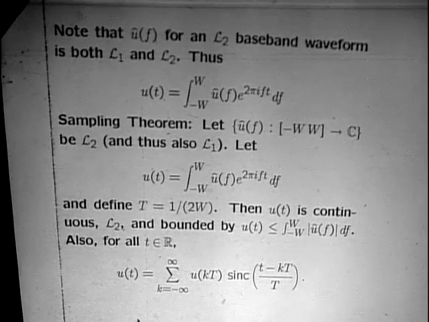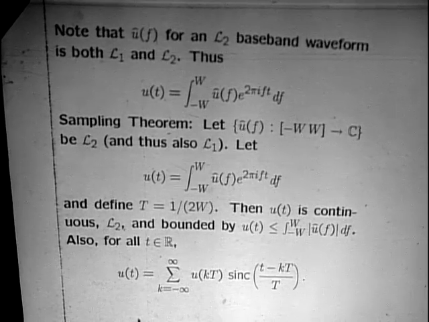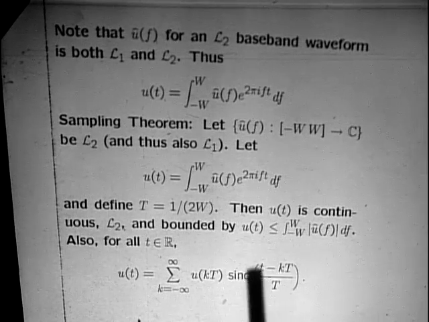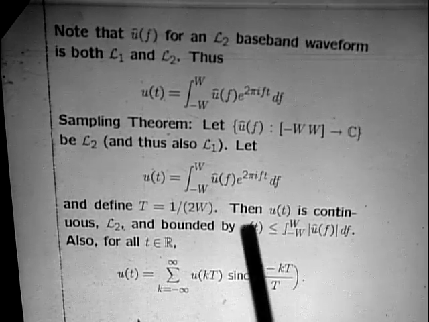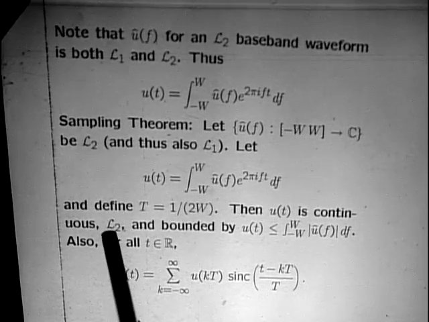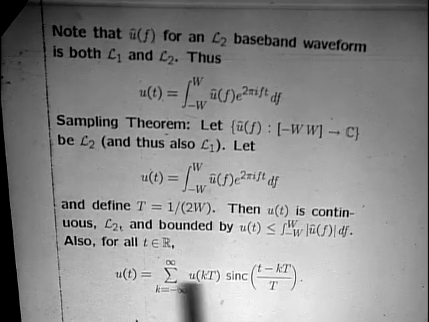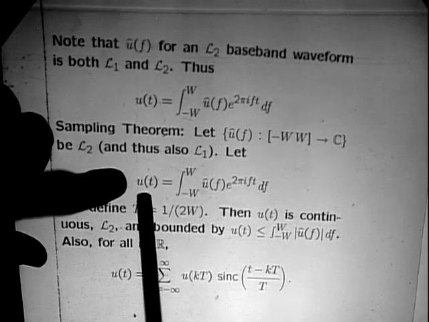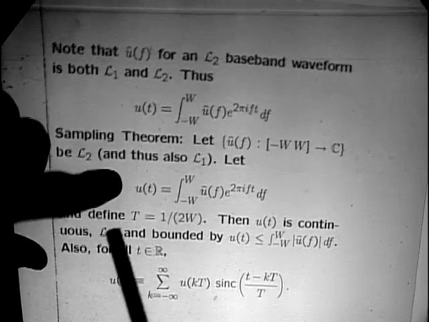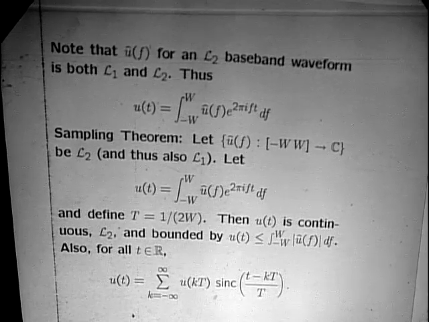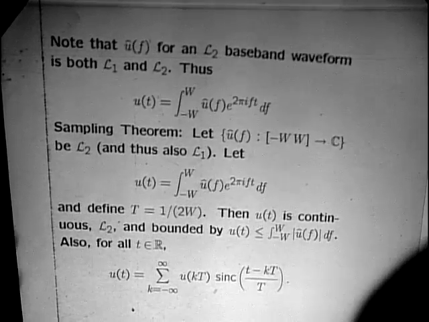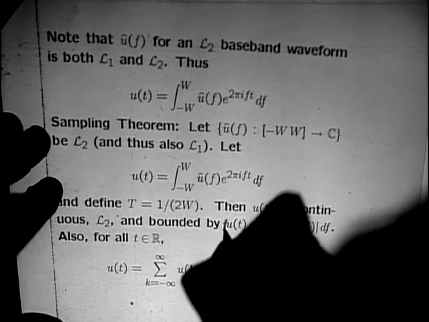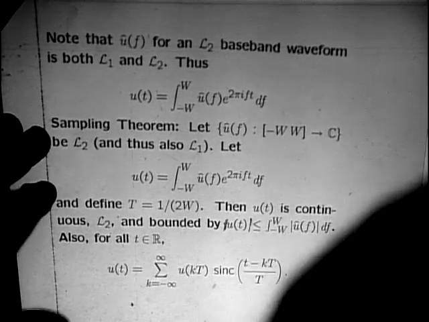You don't have to do that if you don't want to, but it's a little easier to think in terms of some increment of time T here. Then u of t is continuous, L2, and bounded. It's bounded by this. Why is that?